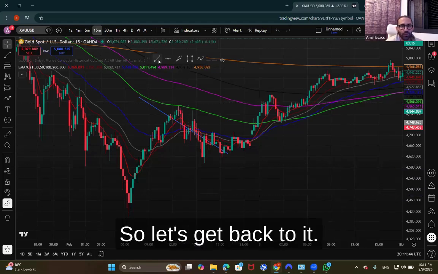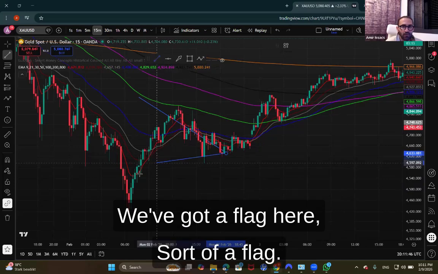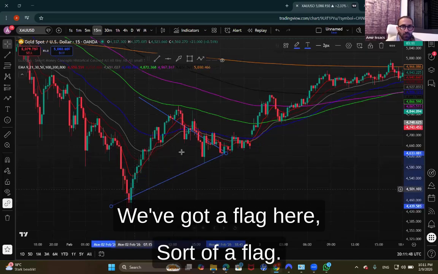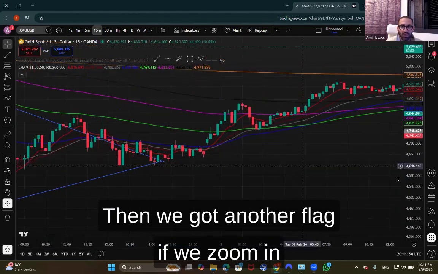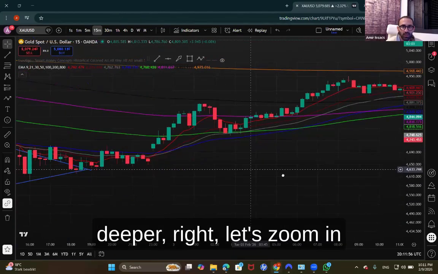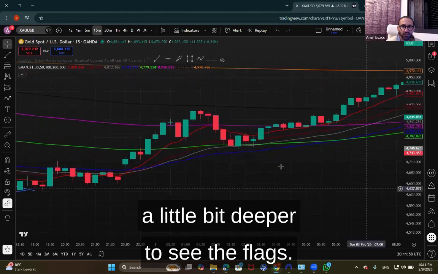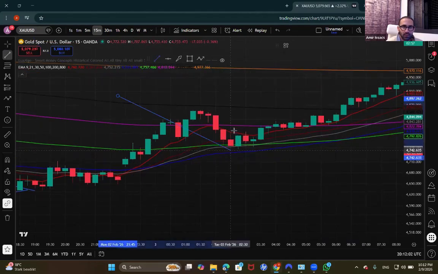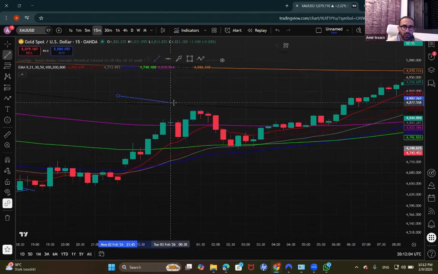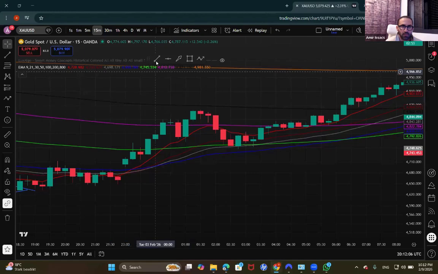So let's get back to it. We've got a flag here, sort of a flag. Then we got another flag. If we zoom in deeper, let's zoom in a little bit deeper to see the flags.